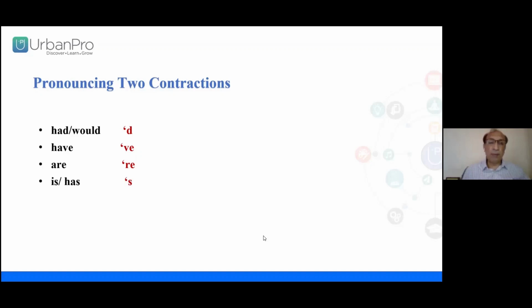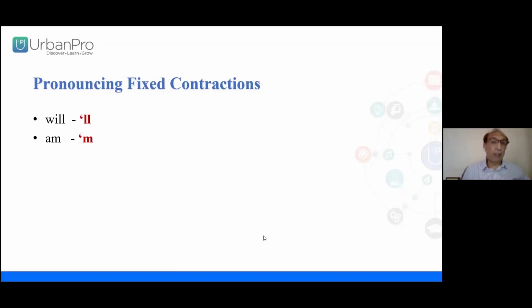So the vowel sounds we all know are A, E, I, O, U, and all other sounds are consonants. So just bear in mind that the pronunciation of some contractions is dependent on the words or the sounds ending just before them. Okay, so in this scenario, we would look at the pronunciation of had, would, and have. We'll look at a few examples and some rules which govern the pronunciation of these words.